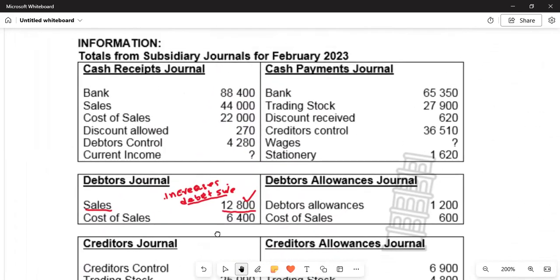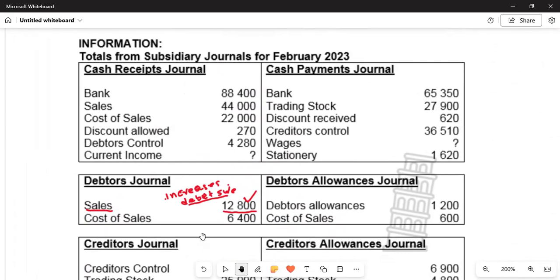If you go to our cash receipts journal, here is the discount allowed. So we gave a discount, so we reduce what they owe. So it means debtors is going to decrease. This means it's going to go on the credit side of our debtors control.